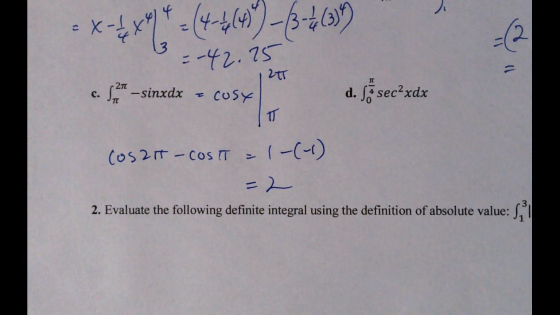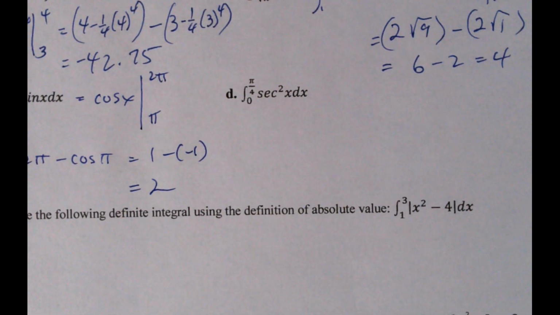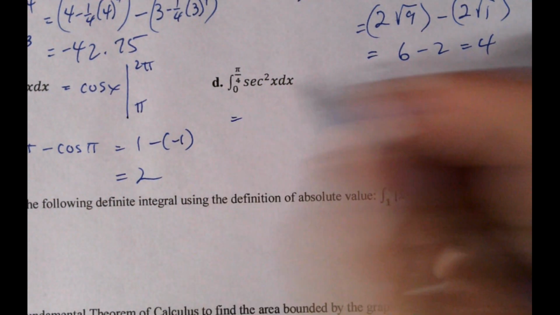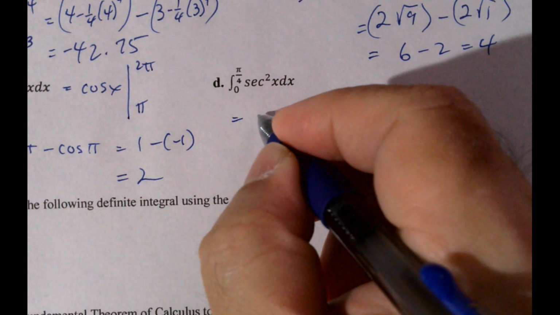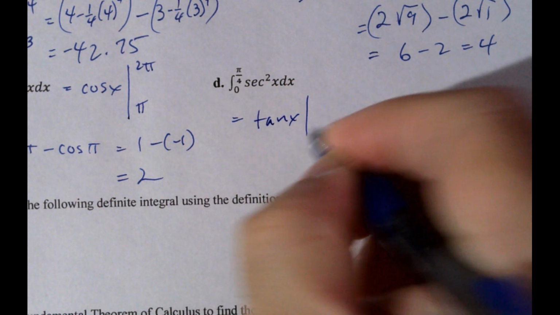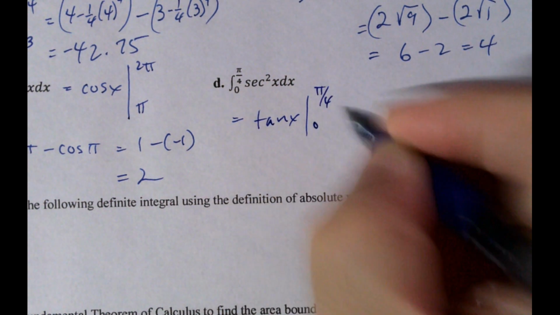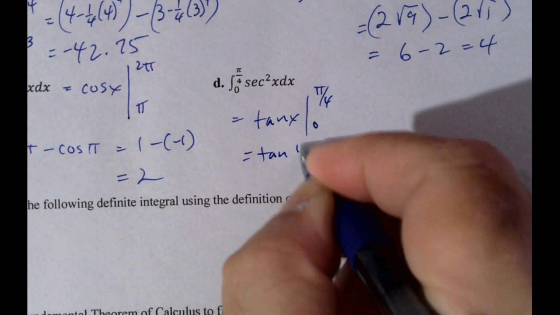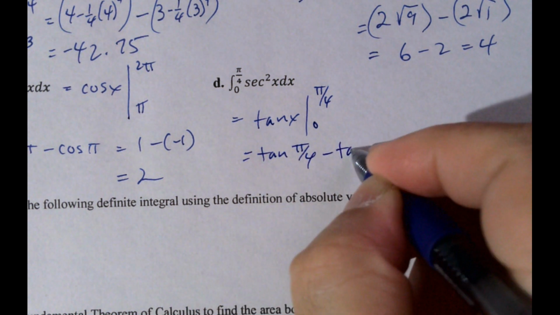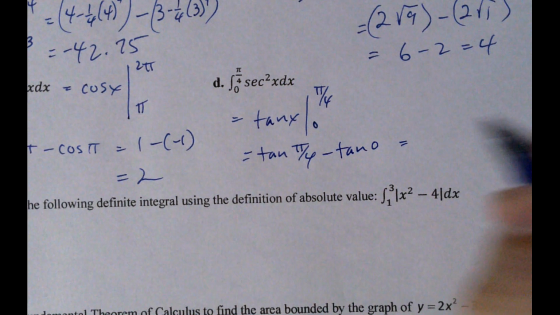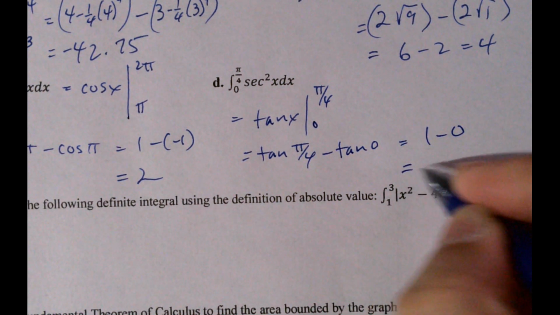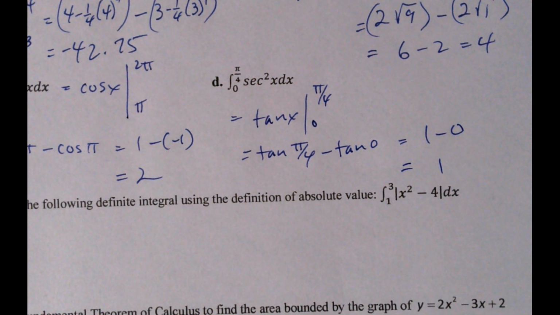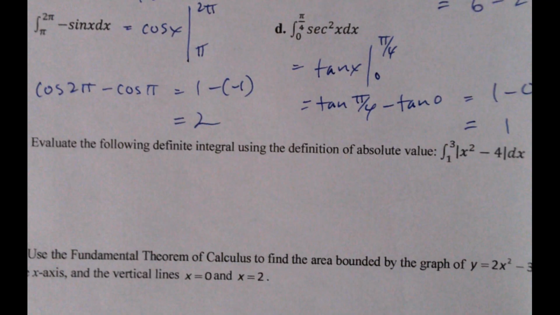And then here, the integral of secant squared is tangent. So it's tangent x taken from 0 to pi fourths. So it's tangent of pi fourths minus tangent of 0, which is 1 minus 0, or just 1. Okay, that's it.